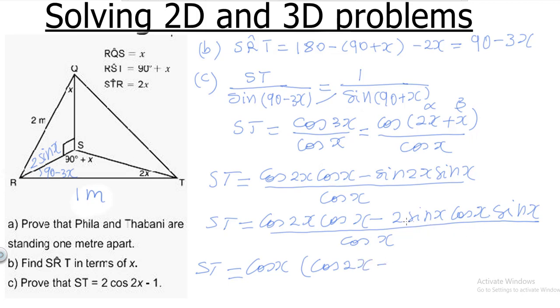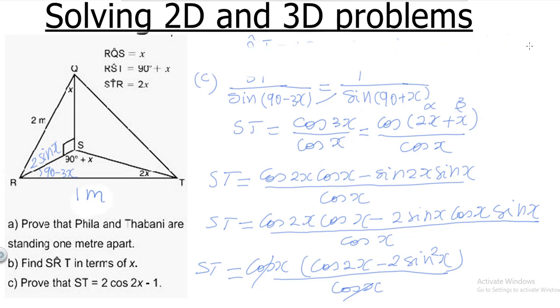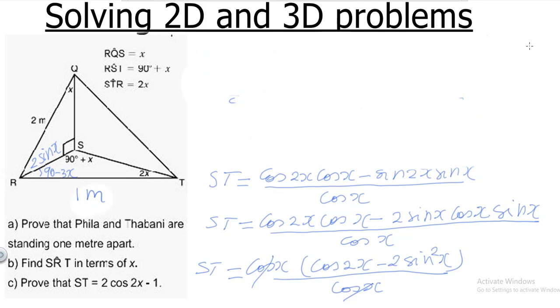And then what will happen here? 2 minus 2 sine x multiplied by sine x will be minus 2 sine squared x, all divided by cos x. So if I cancel these two, it's gone. What will remain? Let me remove this line. Alright, I remove this.